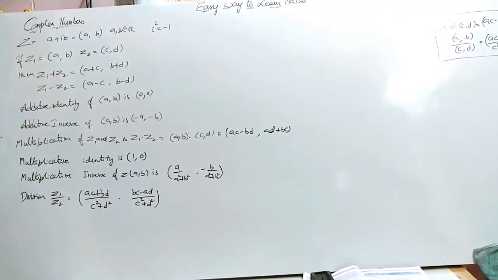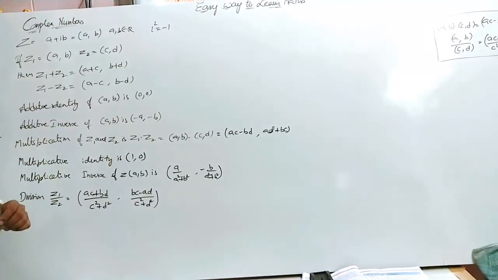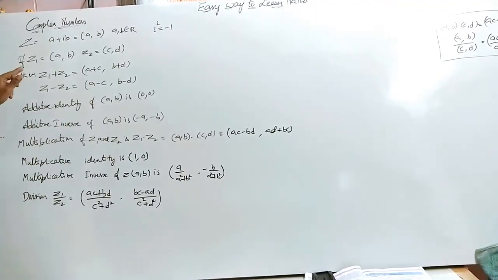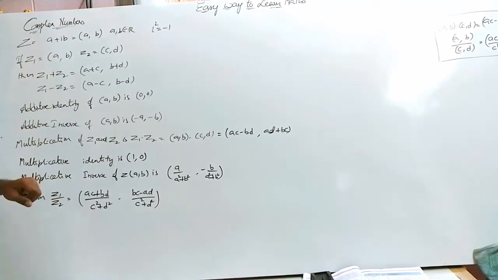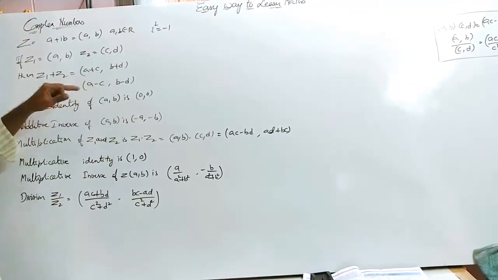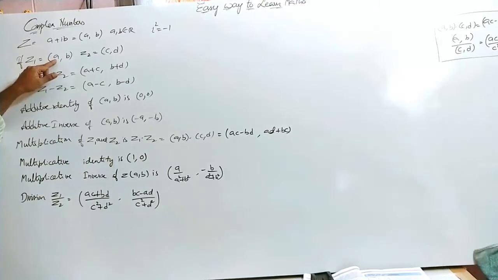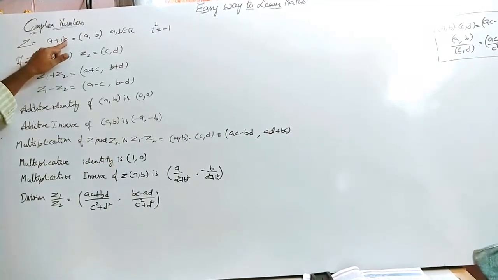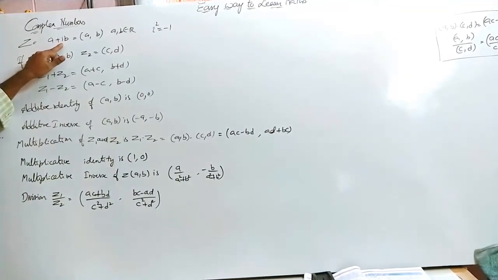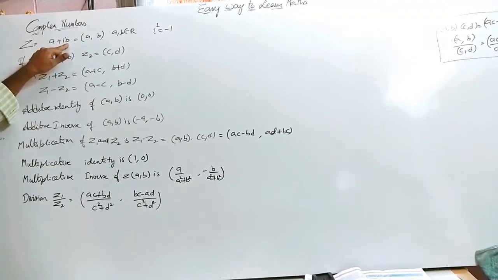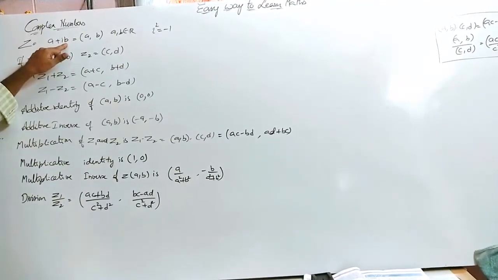Now let us discuss some properties relating to complex numbers. If Z1 equal to (a, b) and Z2 equal to (c, d), here a is the real part of the complex number and b is nothing but the coefficient of i. b is called the imaginary part.